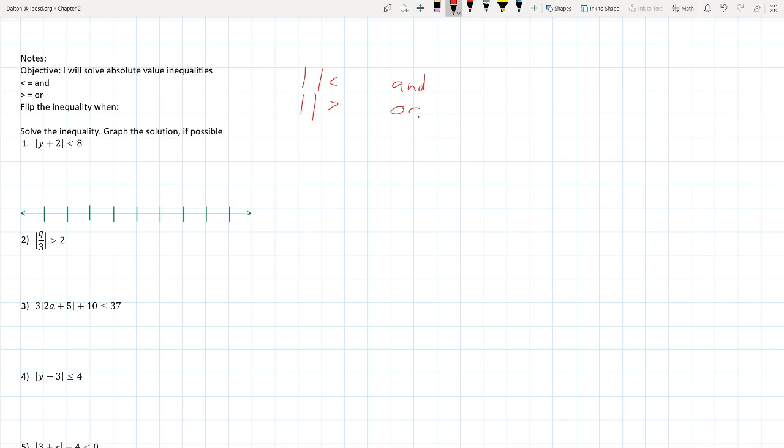As we were talking about in prior lessons, we flip the inequality when we multiply or divide both sides by a negative.